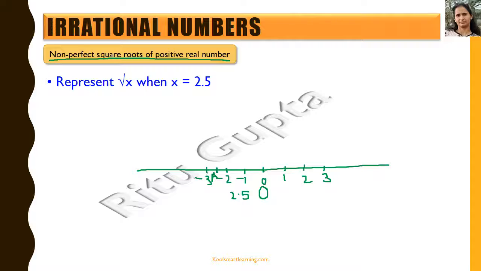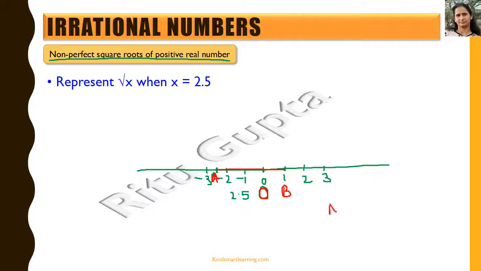Now we extend this line segment OA to the right side by 1. So this point is B now. So we have the point O here, A here and B here. Now we take the midpoint of this line segment AB.